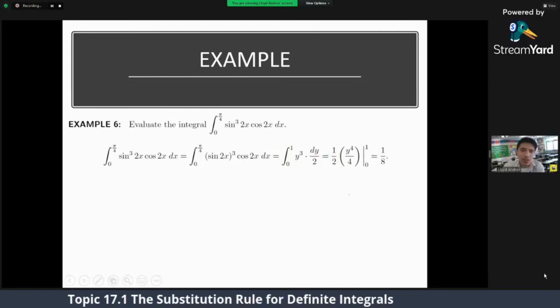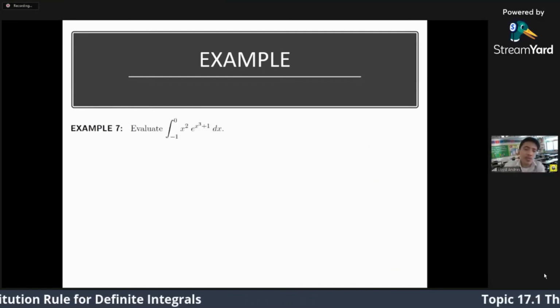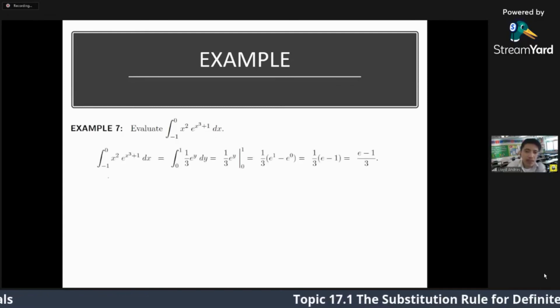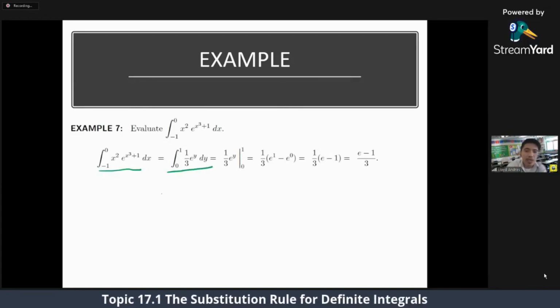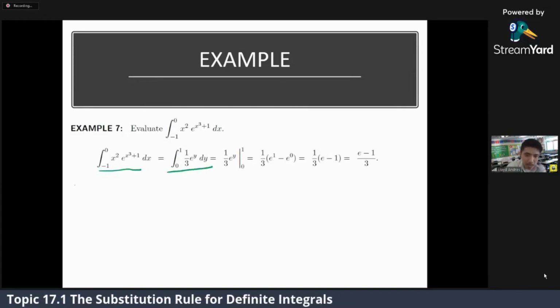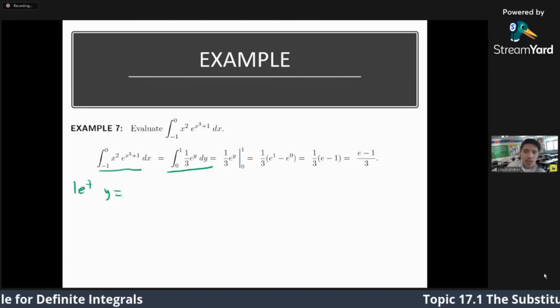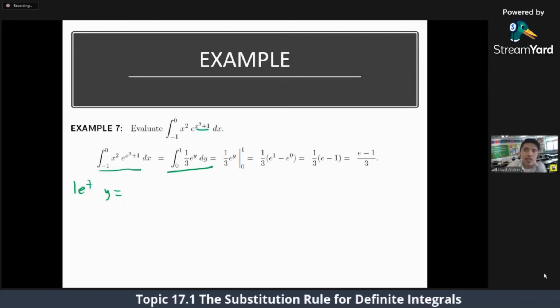So, that's example 6. And example 7 involves exponential. Again, starting from here, the question is, what do we let y be equivalent to? Usually with an exponential, we let y be the exponent of e.